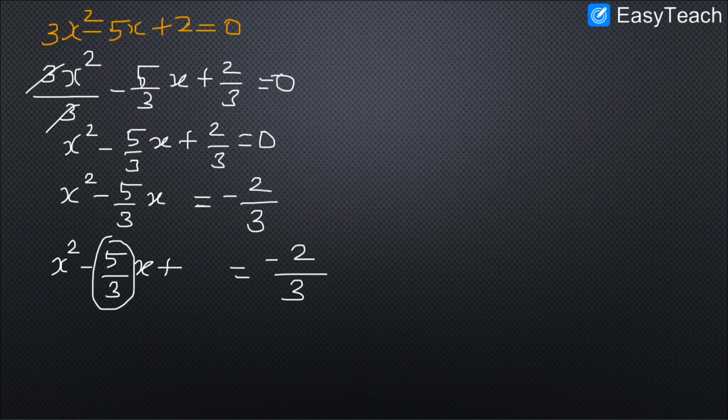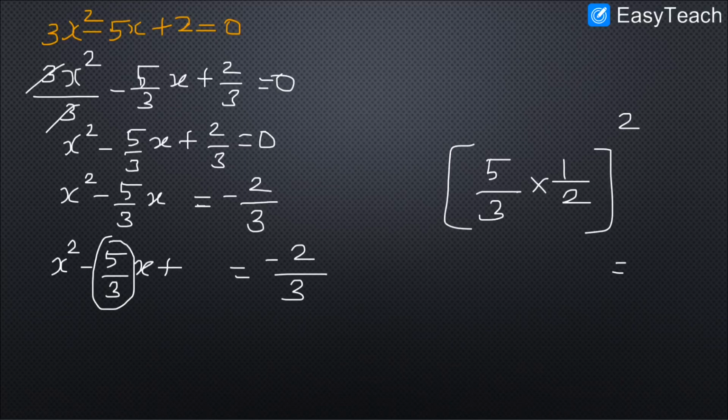To find the half of this value, you just multiply by 1 by 2 and make the whole square, which gives me 5 by 6 the whole square. So I am going to add 5 by 6 the whole square on both sides.